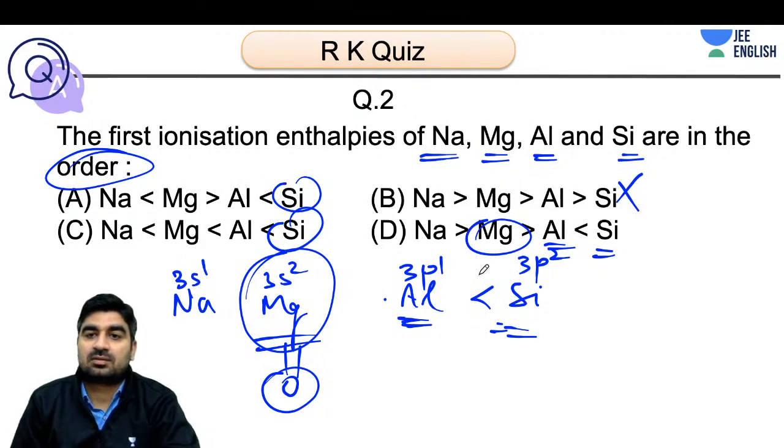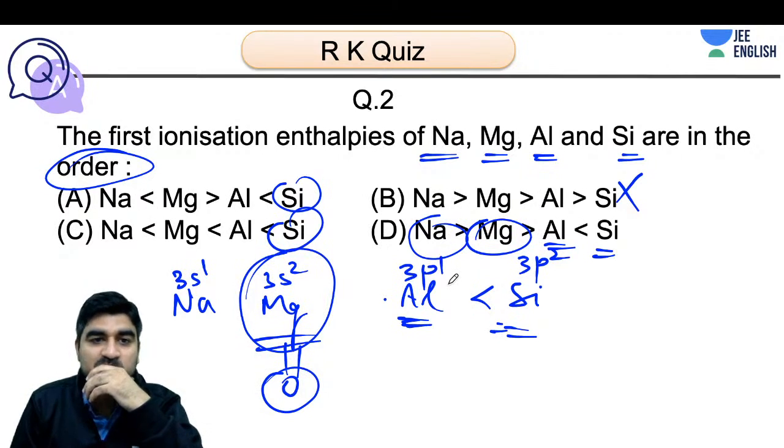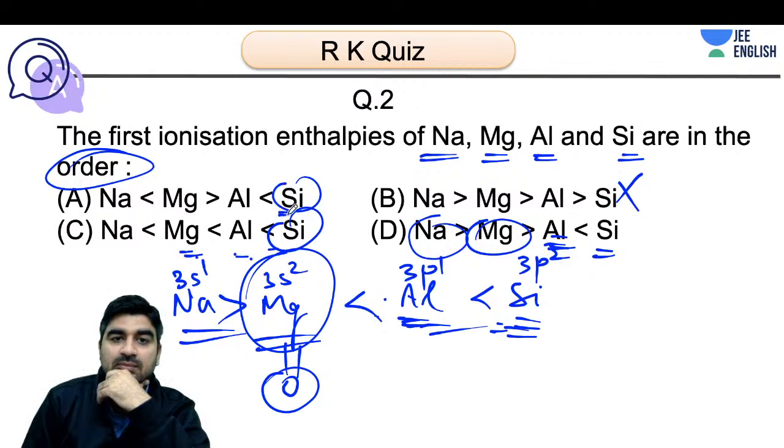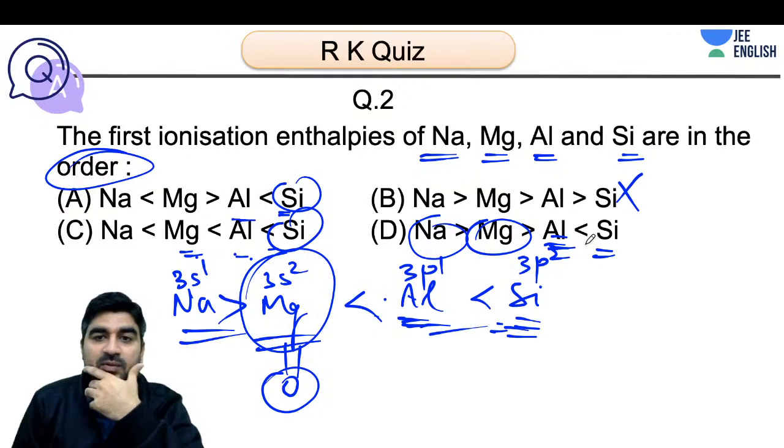And then what is this? So how will you answer it? This will have more than this. So silicon, aluminum. What will be the answer?